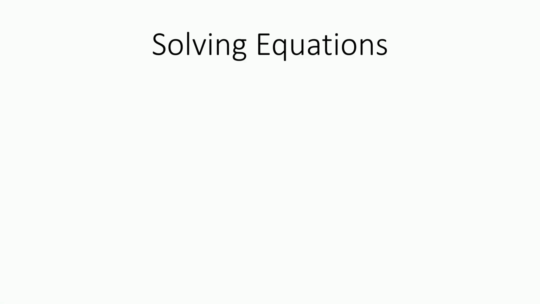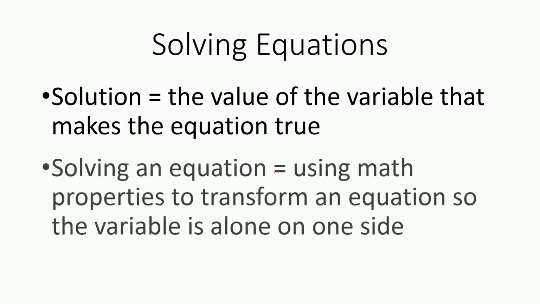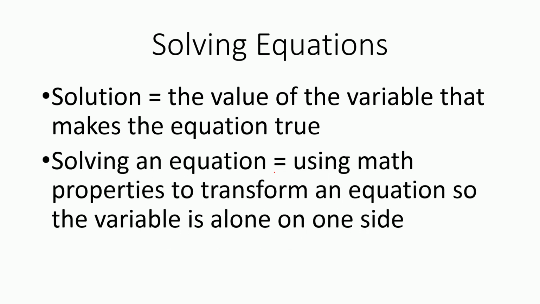So when it comes to solving equations, the solution to an equation is the value of the variable that makes the equation true. So whatever value the variable takes on that will make the equation true is a solution to an equation. So solving an equation is using mathematical properties to transform an equation so that the variable is alone on one side.